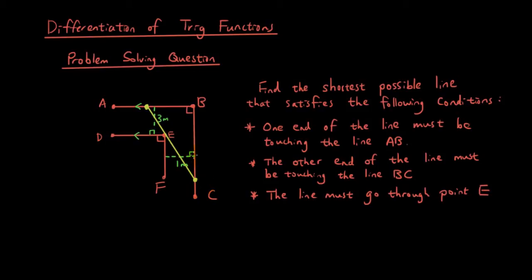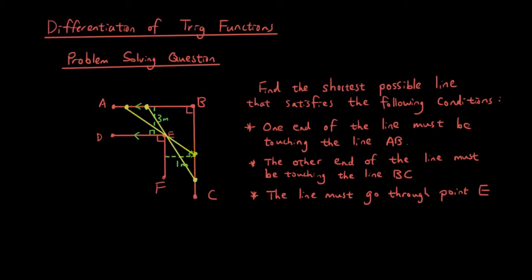So for example, I could draw another one from here to here. Because the line starts on this line, goes through point E, and reaches this point on line AB.